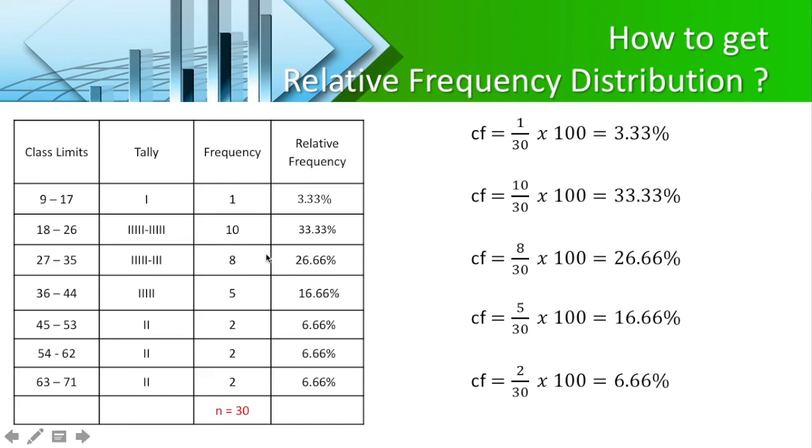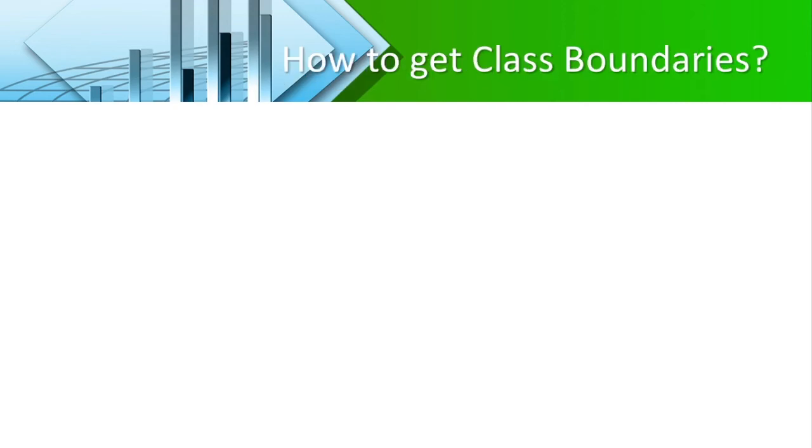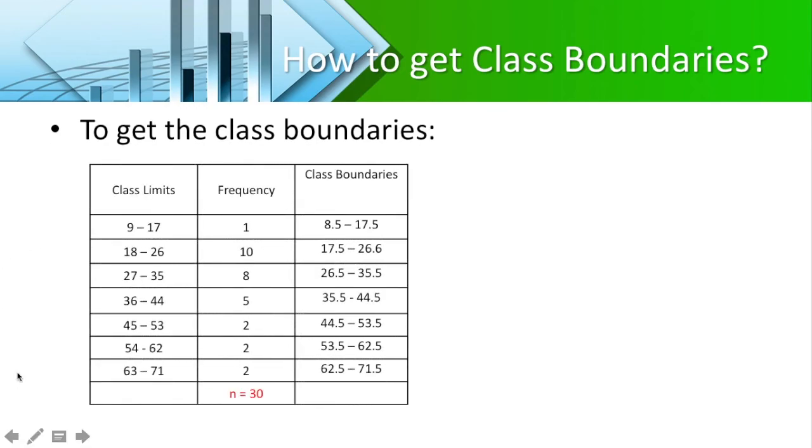Divide the frequency by the total, and if you want to express it in percent form, just multiply it by 100. How about the class boundaries? To get the class boundaries, I want you to use the same table. The formula is simply lower limit minus 0.5 and upper limit plus 0.5.